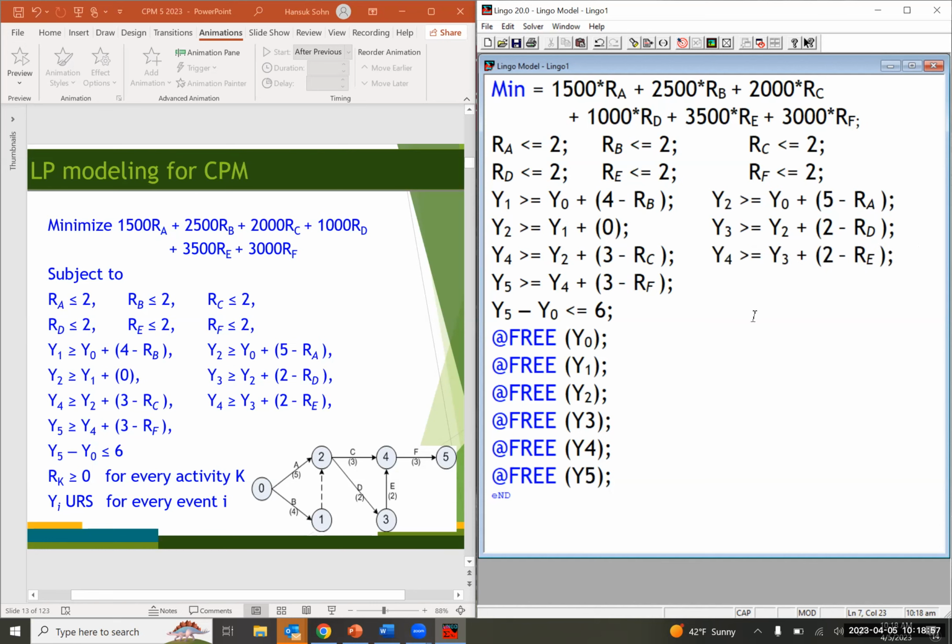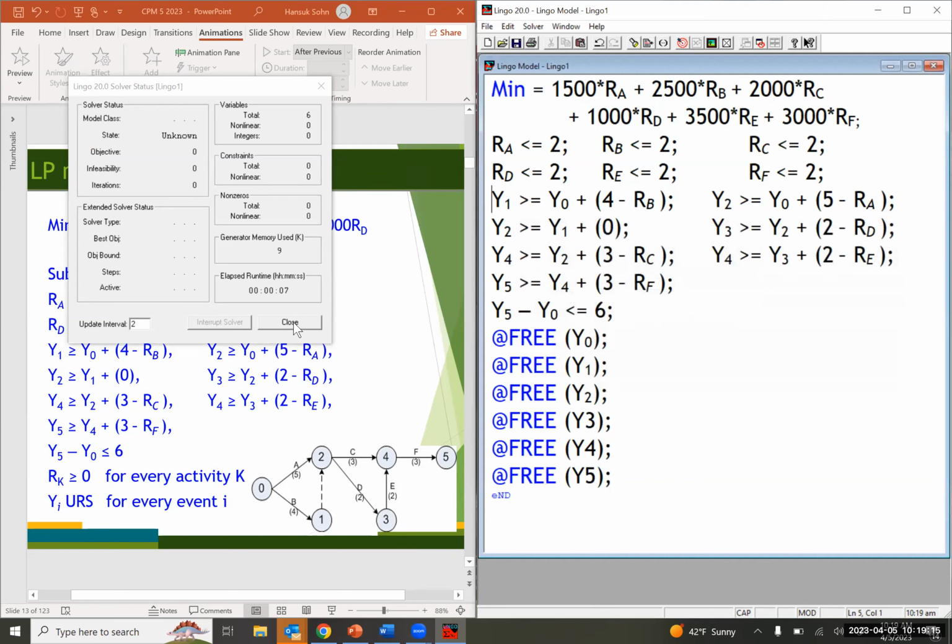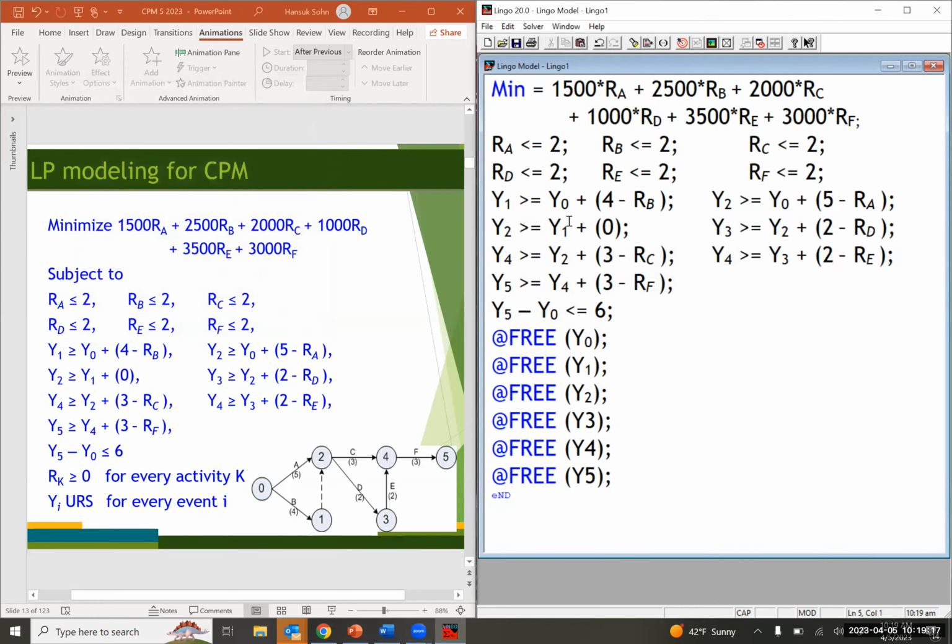What else? Okay. I believe this time it's going to work. Let's see. Oh no. What is wrong? 4 minus. Oh, maybe. Okay, so let me just retype the minus symbol.